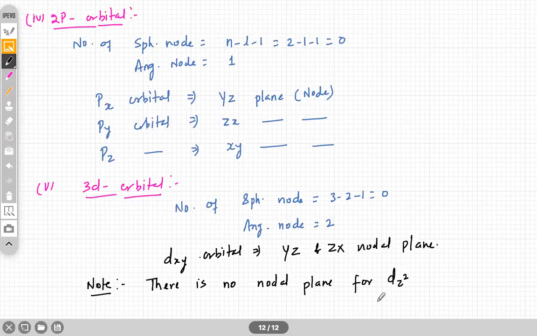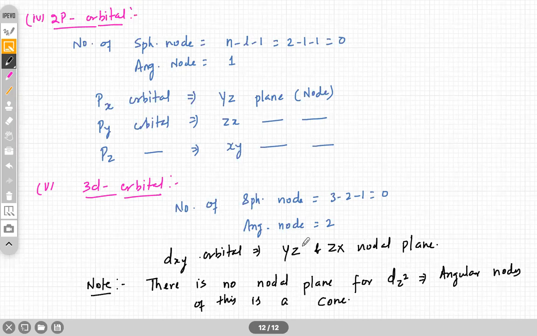For dz square, we don't have a plane, but the angular node of this is a cone, in this shape. That's why we don't represent it.